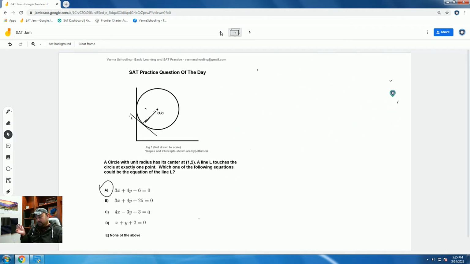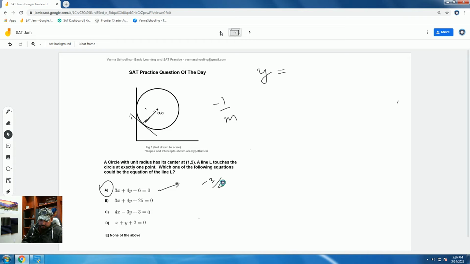I'm assuming you would know at this point, if you're about to take a test like IIT or SAT, that the slope of a perpendicular line is negative 1 over m. So the slope of this line is negative 3 over 4.